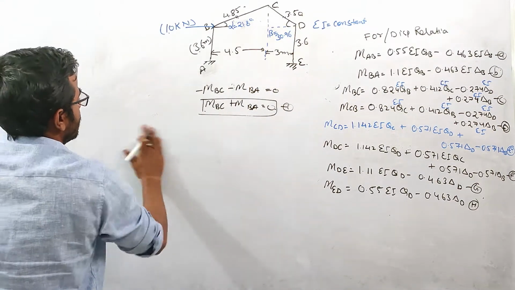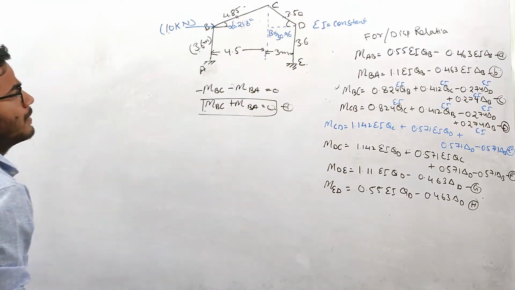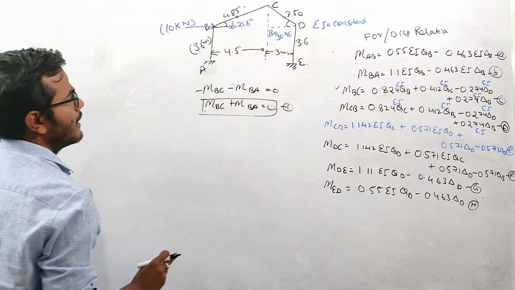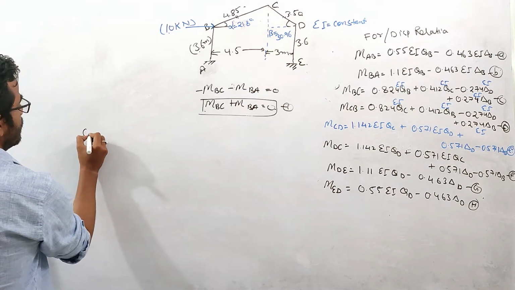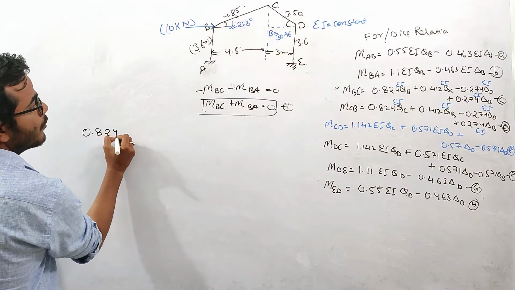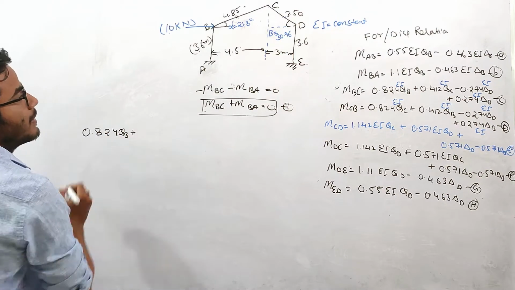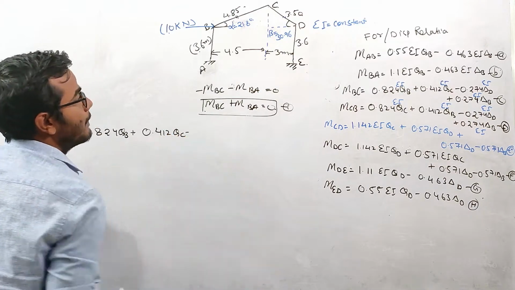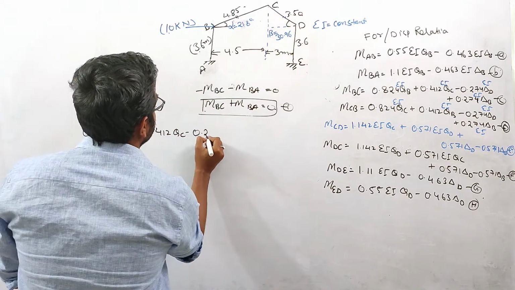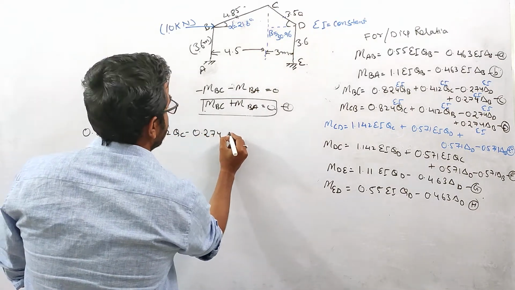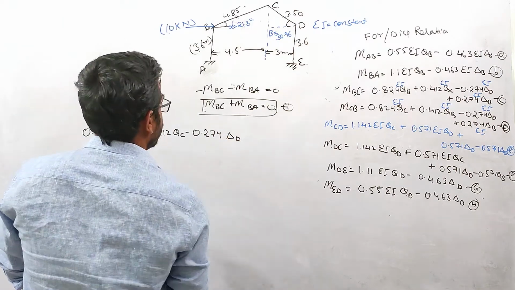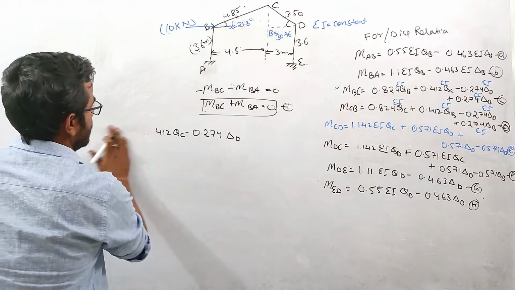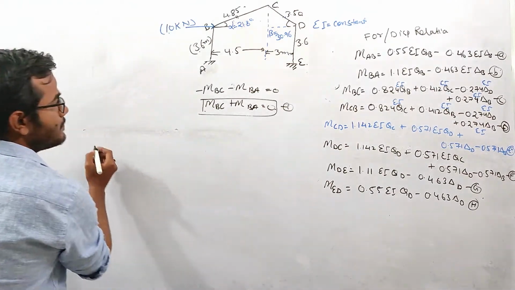So now let us put the value in this equation. So MBC is 0.824 theta B plus 0.412 theta C minus 0.274 delta D. I'm not writing EI, actually there is EI also.